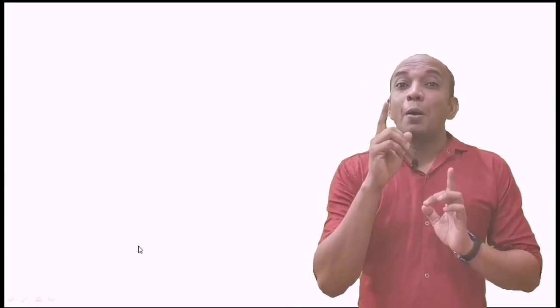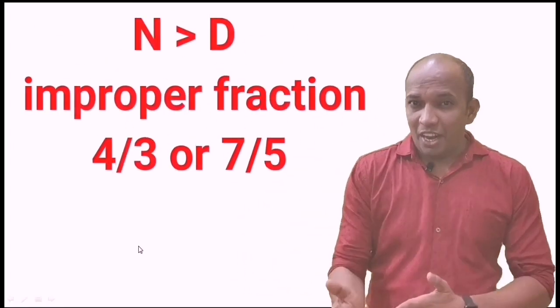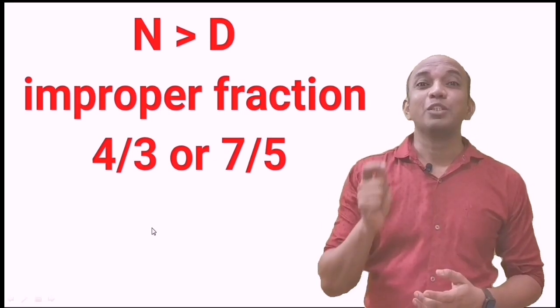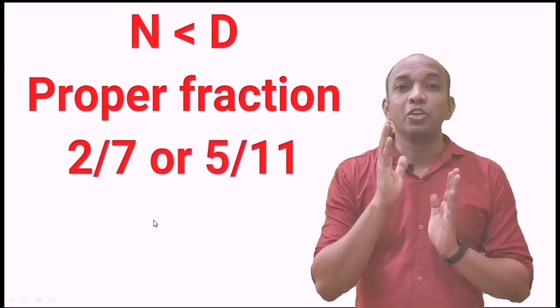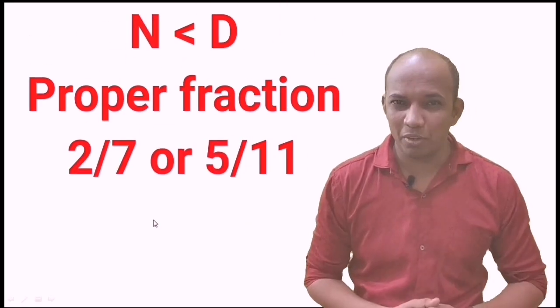Children, whatever the sums we solved till now, they were of either improper fraction or proper fraction. What? You don't know the meaning of proper or improper fraction? Don't worry. Here, improper fractions are the fractions in which numerator is bigger than the denominator. And proper fractions are the fractions in which numerator is less than the denominator.